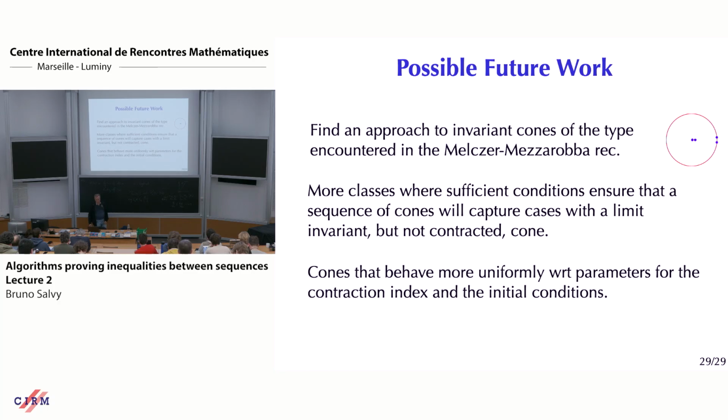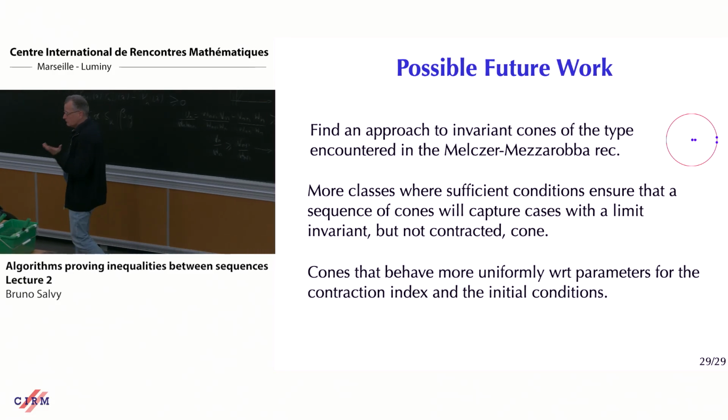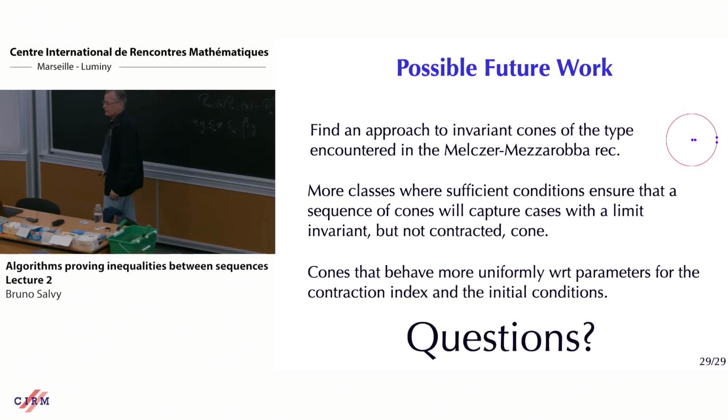And then the most interesting probably is understand what we can do with parameters. We've seen in some examples we have cones that behave uniformly with respect to the parameters, and we don't have an understanding yet of that. And I'm ready for questions.